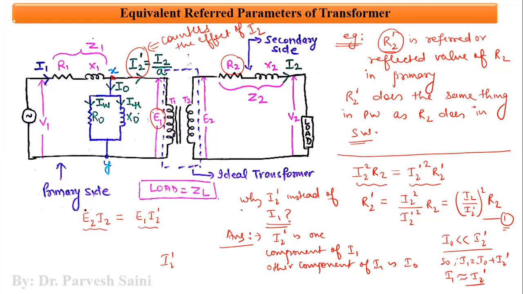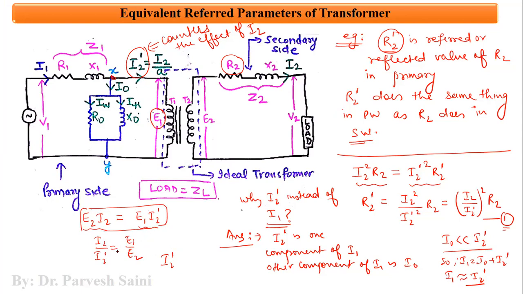Now, the power on both sides of the transformer is same. So from here we can say that I2 by I2 dash is equal to E1 by E2, right?